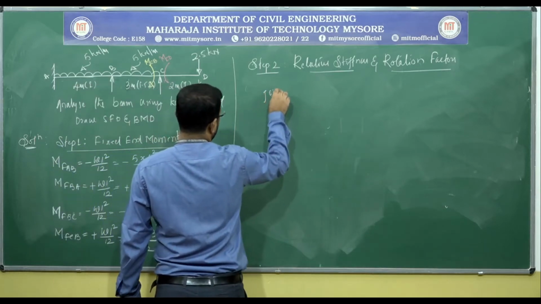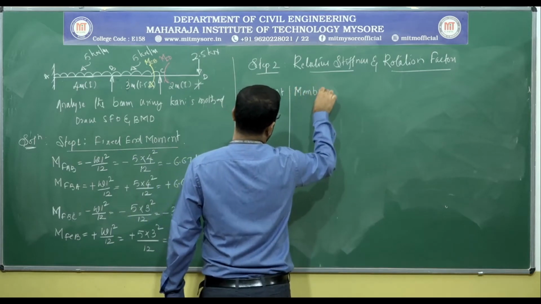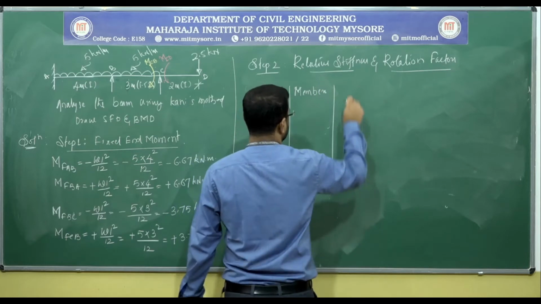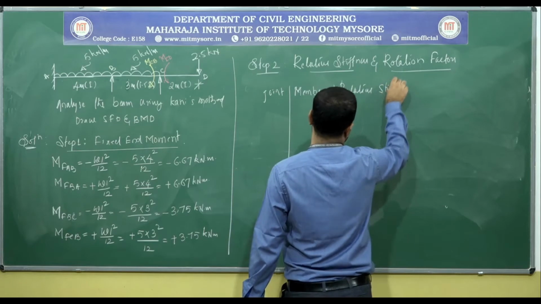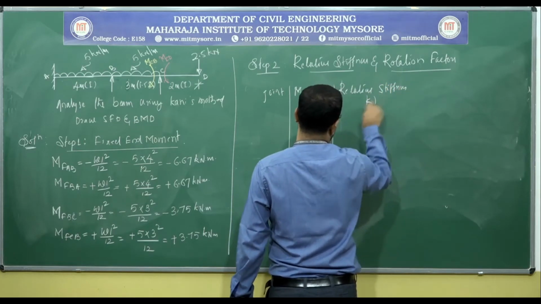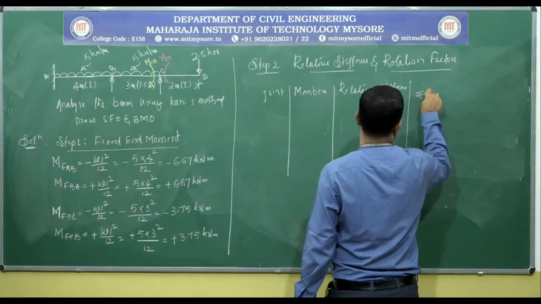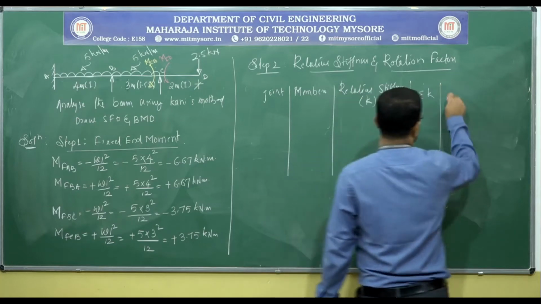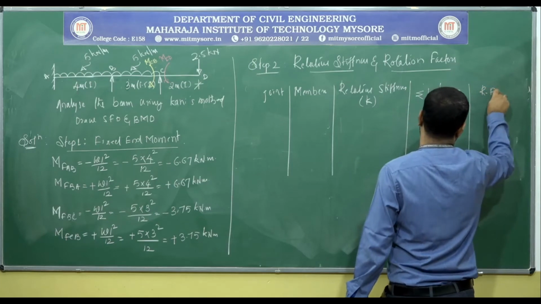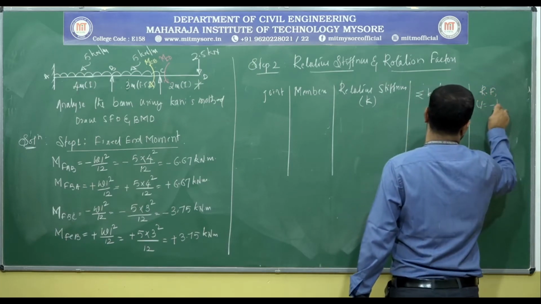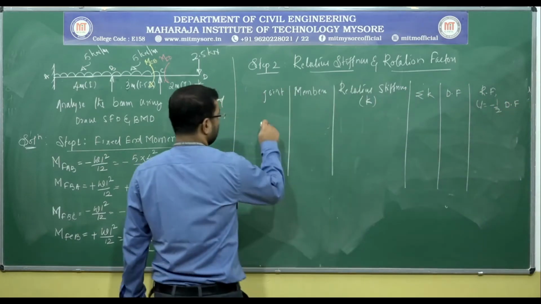In the table, first we are going to note down the joints, then the members at those joints, then the relative stiffness, that is the value of K we have to estimate, then the summation, the total K, then the distribution factors, then the rotation factor, that is U is equal to minus half of the distribution factor.